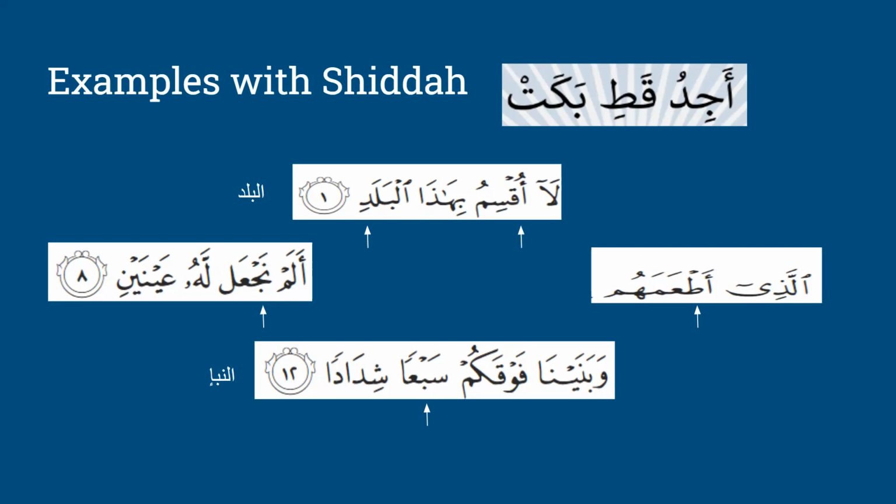According to Hafs and Asim, Riwayah Hafs and Asim, we have a tasheel of the hamza in one place in the Quran. Otherwise, you'll see the hamza is having a shiddah in all other places. So we have these examples of the shiddah letters. We see how we will be applying the shiddah to it, and we need to bounce those letters.